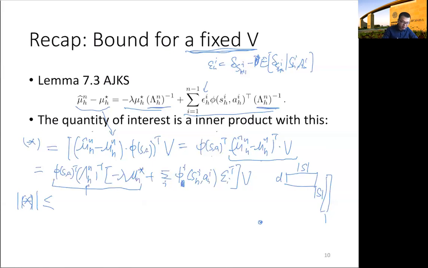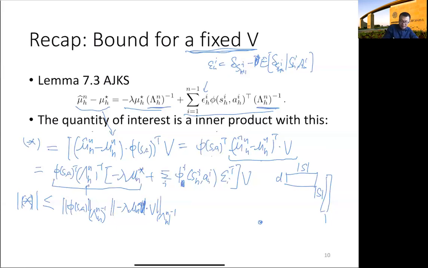So this becomes phi of SA measured in the norm of H_n inverse, minus lambda mu h star, multiplied with v measured also in this norm.